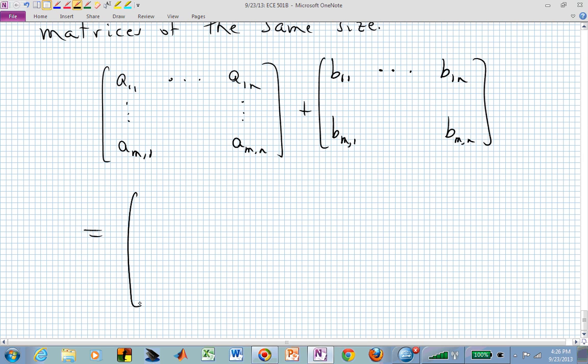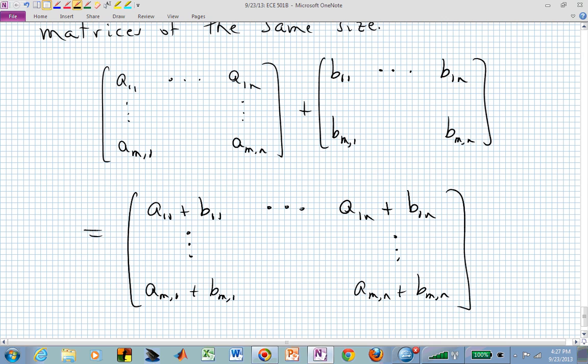And I hope it's clear that with matrix addition, you're simply adding up element-wise these different entries in the matrices. That's matrix addition.